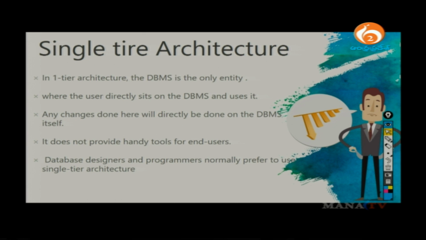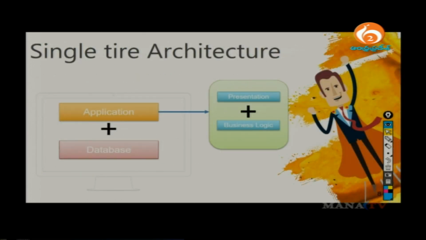Once you have finished it, let me show you a simple example here. See, your single-tier architecture consists of your application and your database. Your application consists of what? Presentation layer as well as business layer. I am going to show you one application layer and one database.